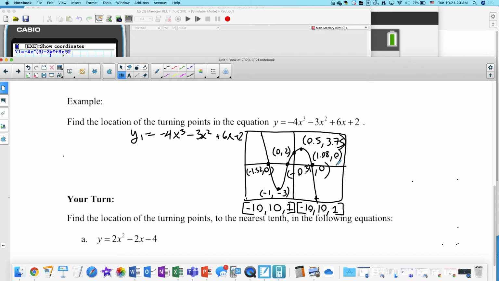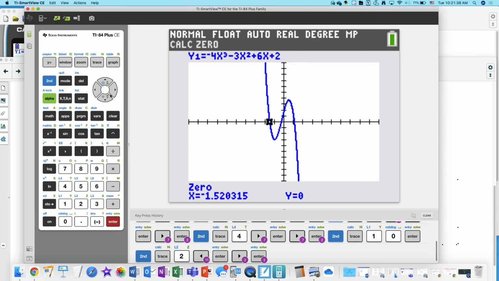Now, I can tell you a pitfall that tons of people in this course fall into, particularly those who have TIs. What they do is instead of going to that calc menu, they use the trace button. And they go back and forth, and they're like, okay, well, the minimum is like about -1.01, 2.97 or whatever.